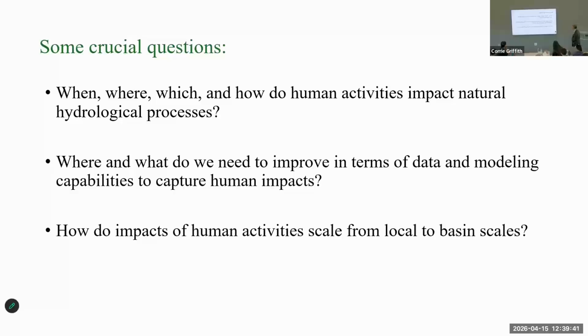And the third one is: how do impacts of human activities scale from local to basin scales? The scaling issue is a fundamental thing in hydrological modeling, right? But if we add human activities in, what is the additional perspective, the additional dimension for us to address the issue?